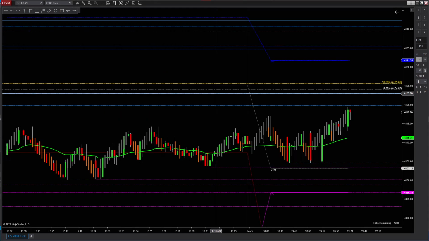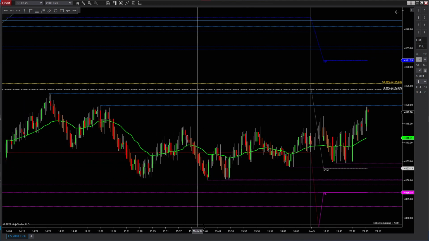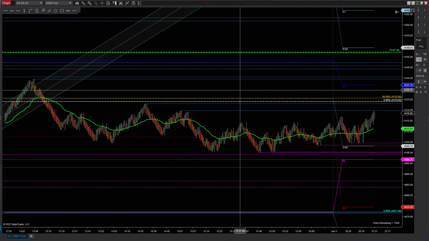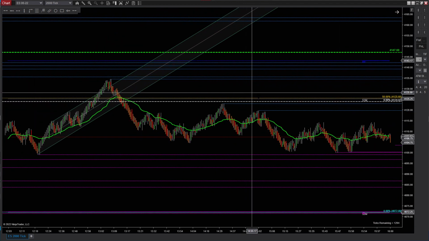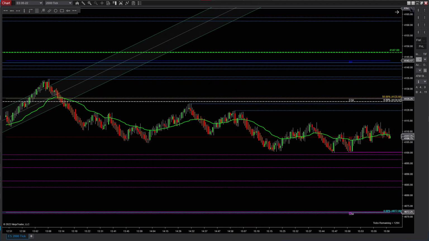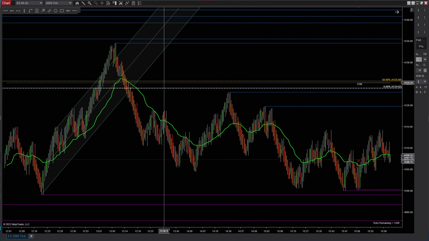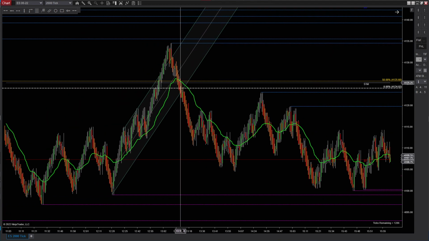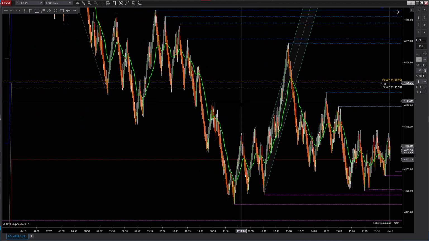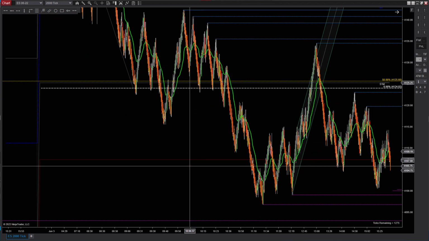Okay, so this one is ES, and I prepared this one a little bit to explain why I use Renko, and what are maybe the advantages and disadvantages of Renko. So let's look at the action on Friday.